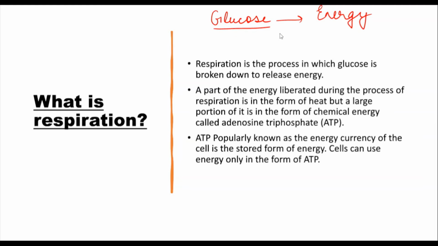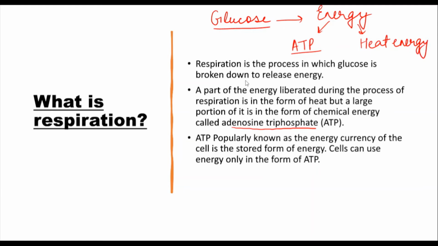That means the energy that will be released from the oxidation or respiration of this glucose will be in two forms. One form will be ATP, that is the chemical form of energy which we require, also known as adenosine triphosphate. It is written here, children, adenosine triphosphate, and the other part, not too much, will be in the form of heat energy.